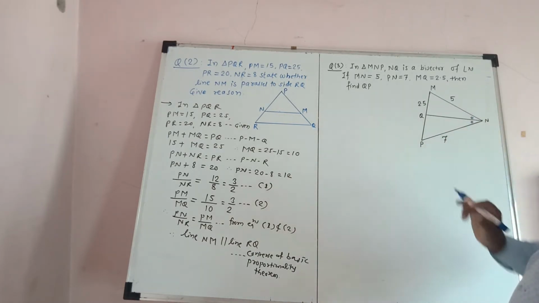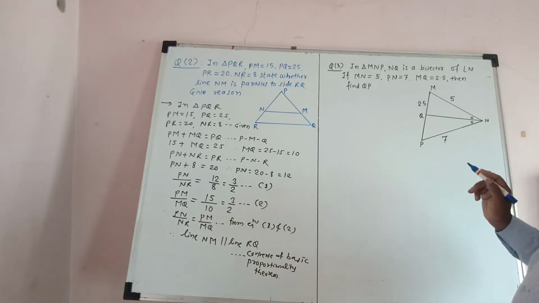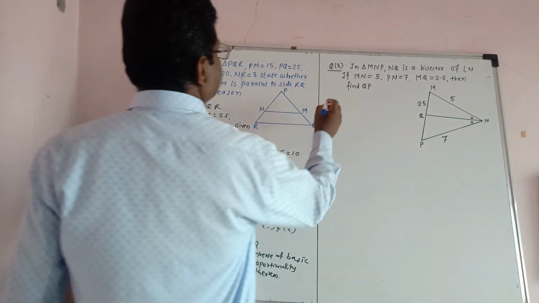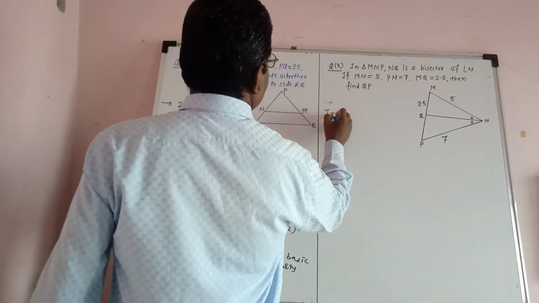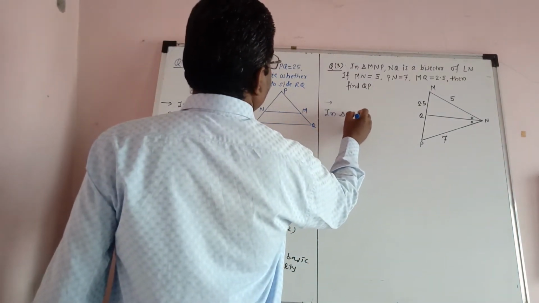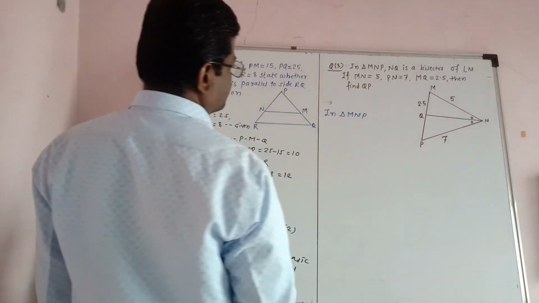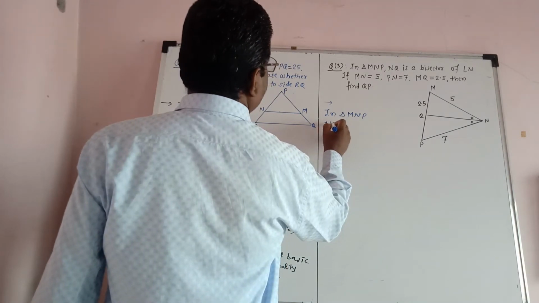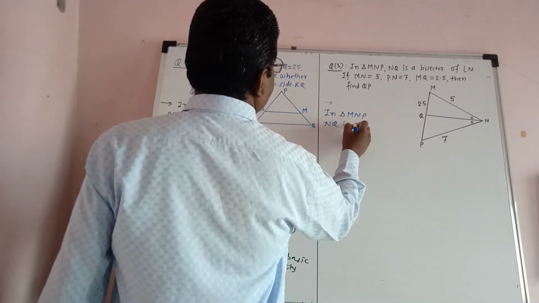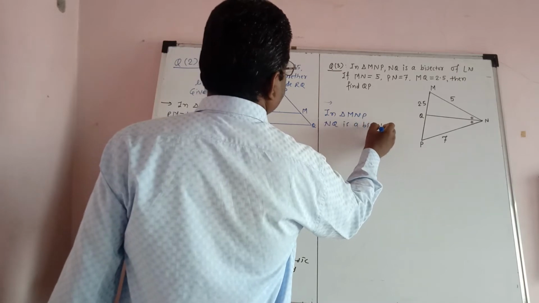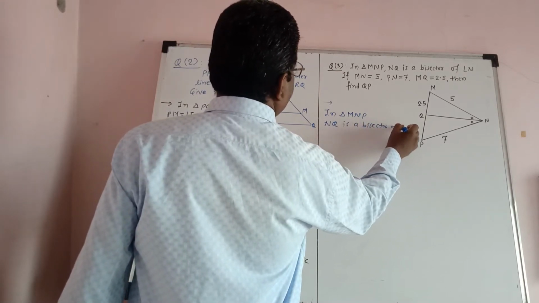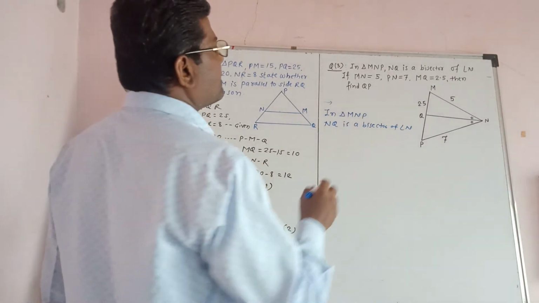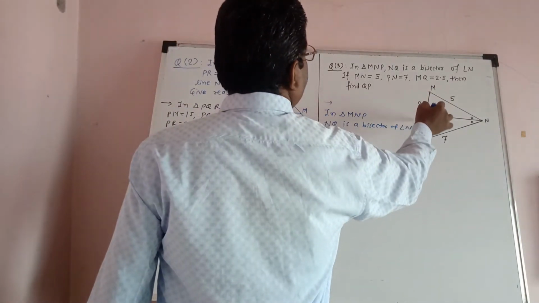So here we have to use the angle bisector property. So we write, in triangle MNP, NQ is the bisector of angle N. Therefore we can take the ratio MQ upon QP.